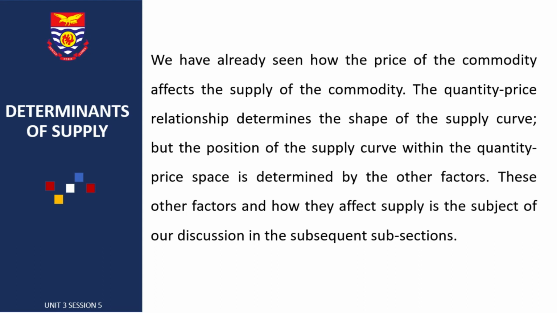We have already seen how the price of a commodity affects supply of the commodity, like we did in the previous slide. And recall the law of supply: the quantity price relationship determines the shape of the supply curve.